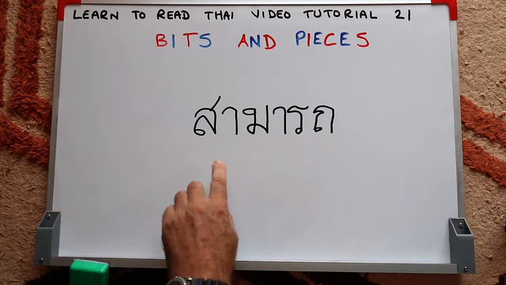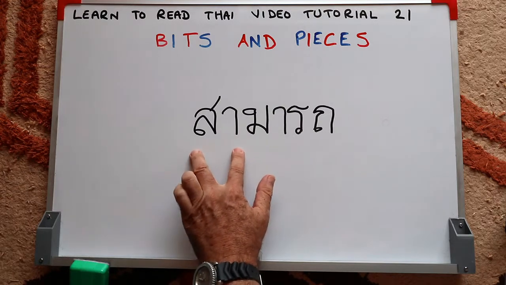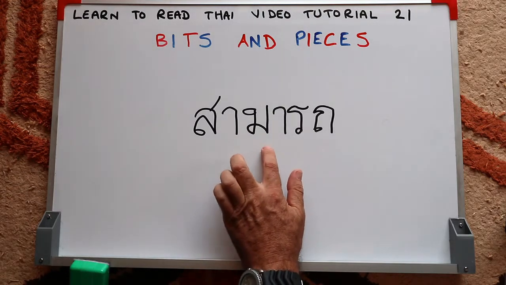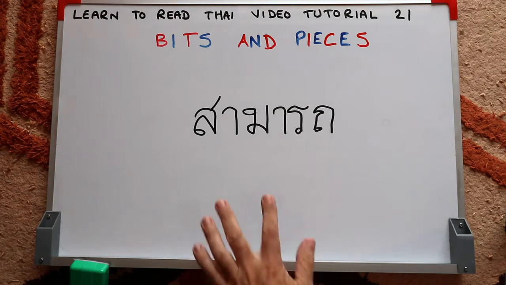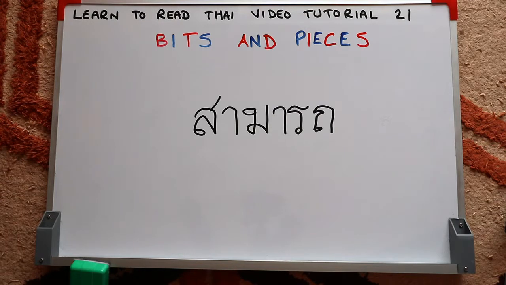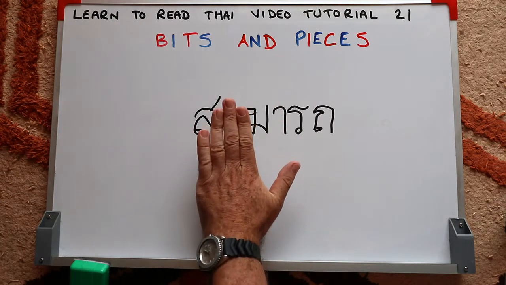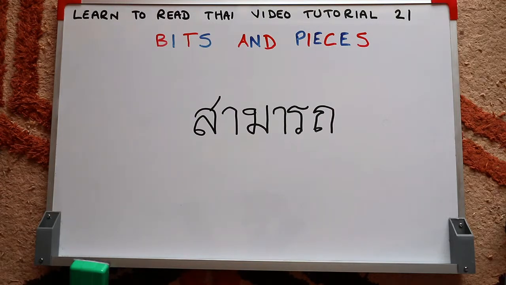So what we have is the initial S consonant and the long R vowel. Then we have an M consonant. And the first thing you might ask yourself is, is that a syllable in itself? Well, if it was, then it would mean the next syllable starts with the long R vowel.